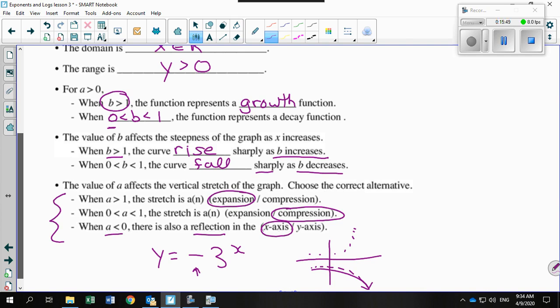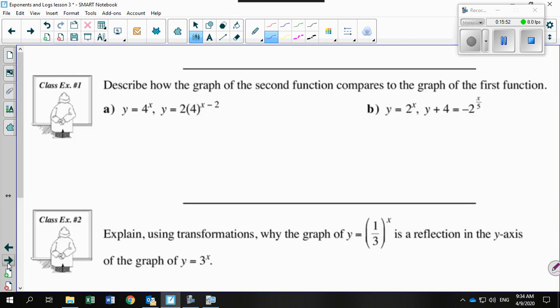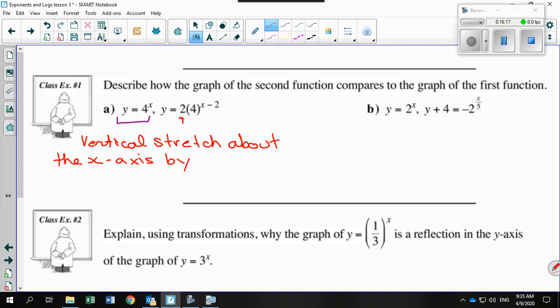And that's it. So you have a couple examples here that we can quickly go through just to remember our transformations. Here, if this is my original function, and I now have a 2 in front of it, the 2 is a vertical stretch about the x-axis by a factor of 2.